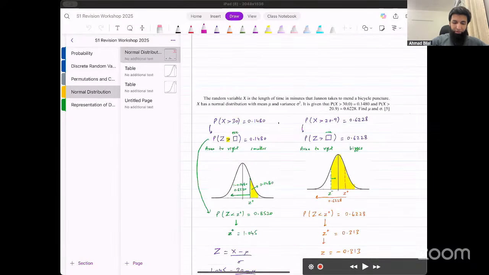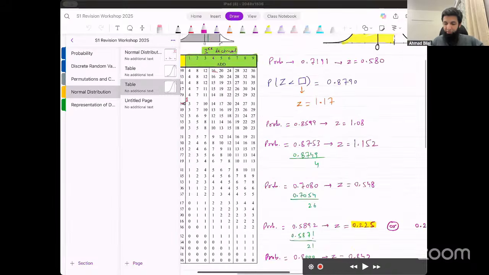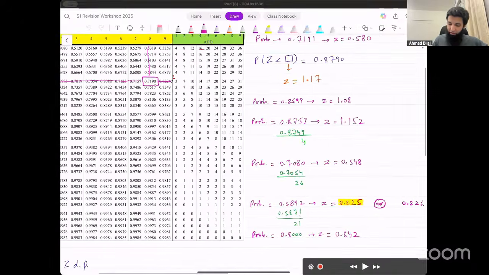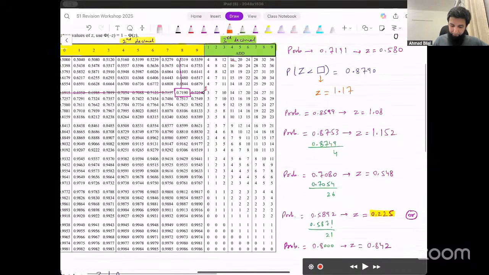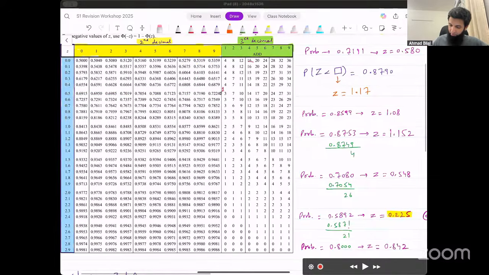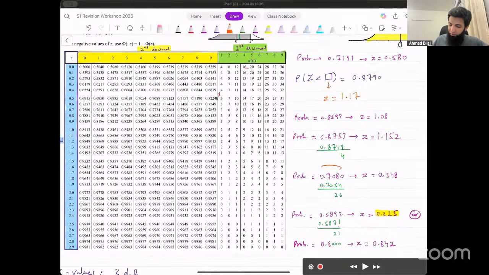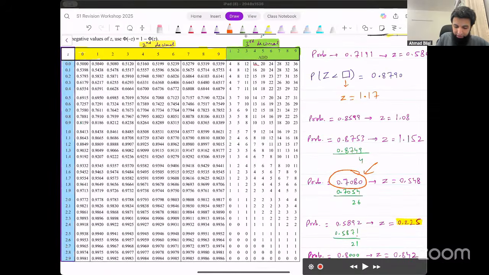So in normal distribution, when we're doing inverse normal, let's suppose you have probability 0.7080.